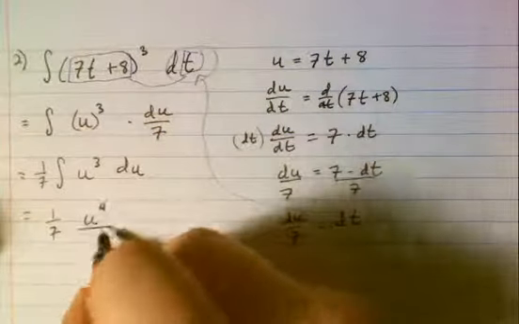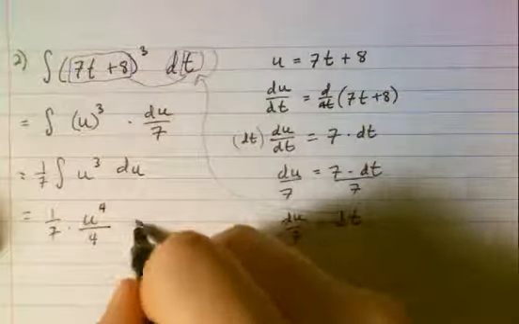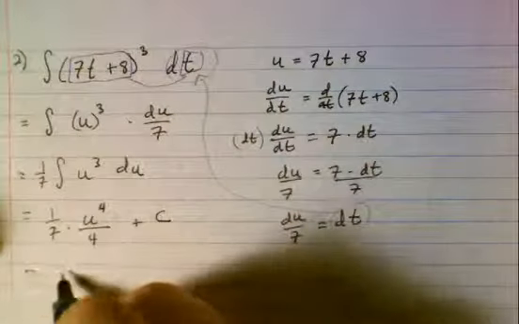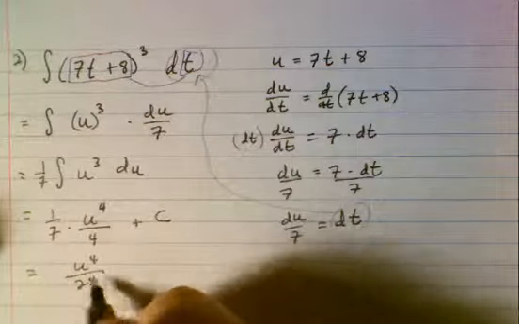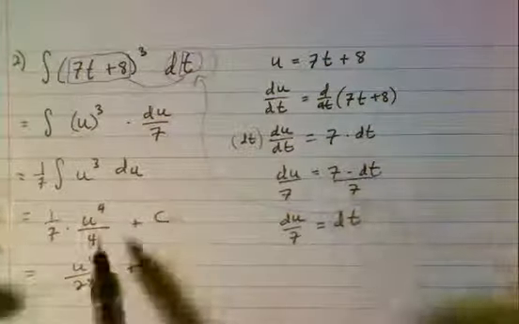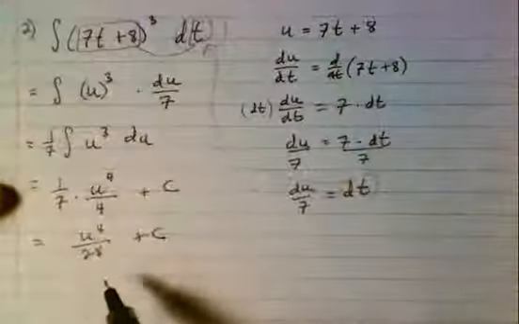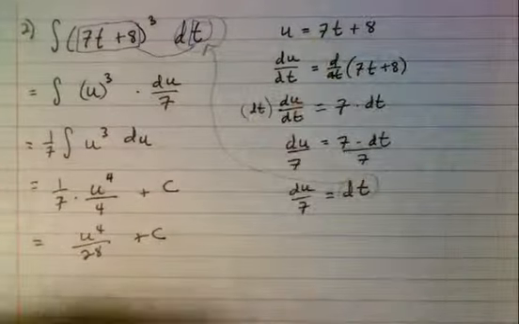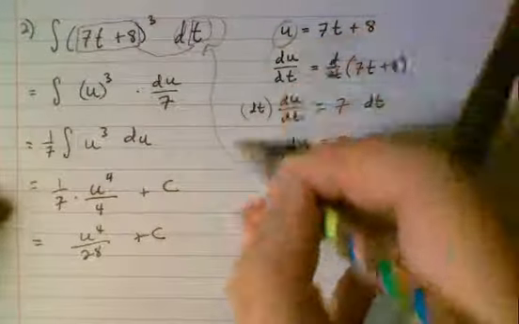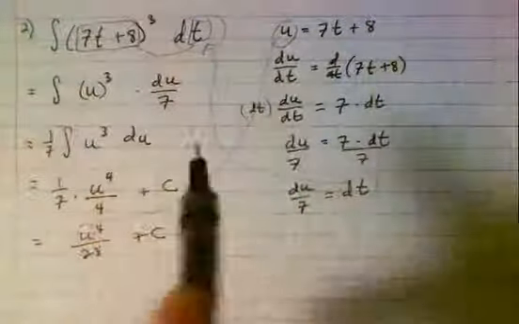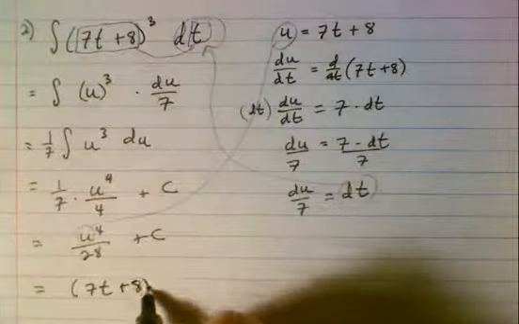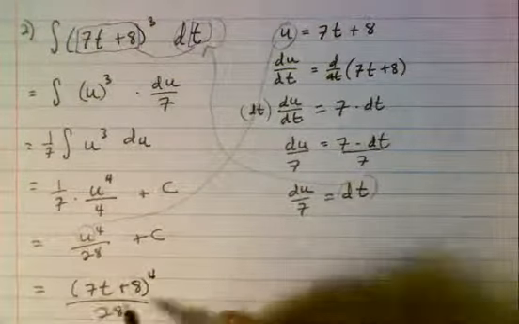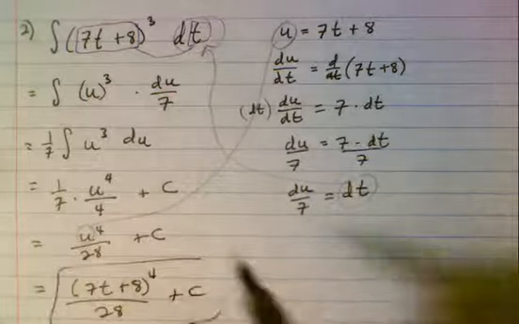Increase the exponent by 1, divide by the new exponent, plus c. So that's u to the 4th over 28 plus c. And now we started with t's, so we need to end with t's. So we're going to take this u and put it right back in down there. 7t plus 8 to the 4th over 28 plus c.